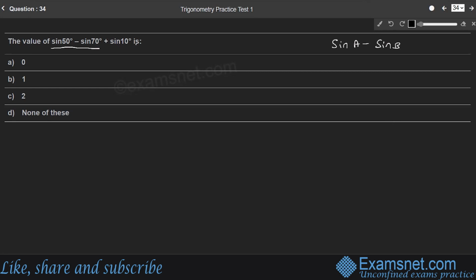So sin A minus sin B is equal to 2 cos((A+B)/2) into sin((A-B)/2). Apply the same rule here. So 2 times cos of (50+70)/2 into sin of (50-70)/2.